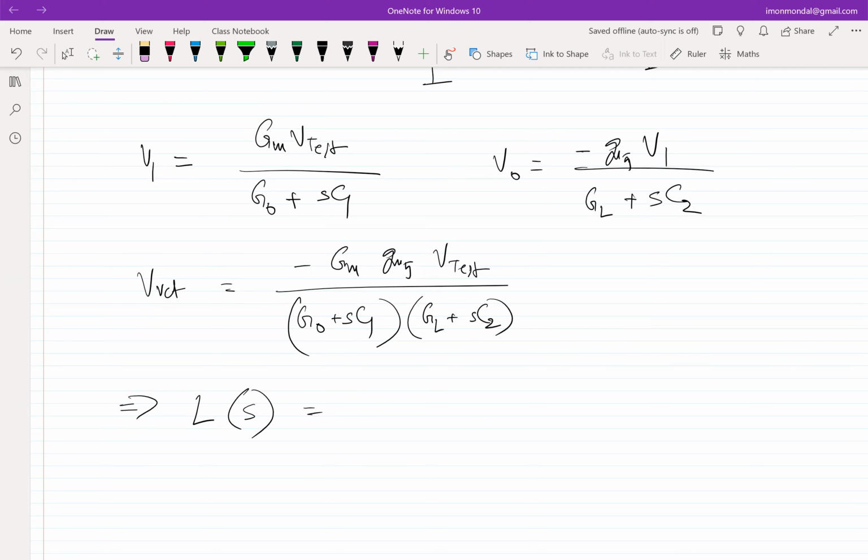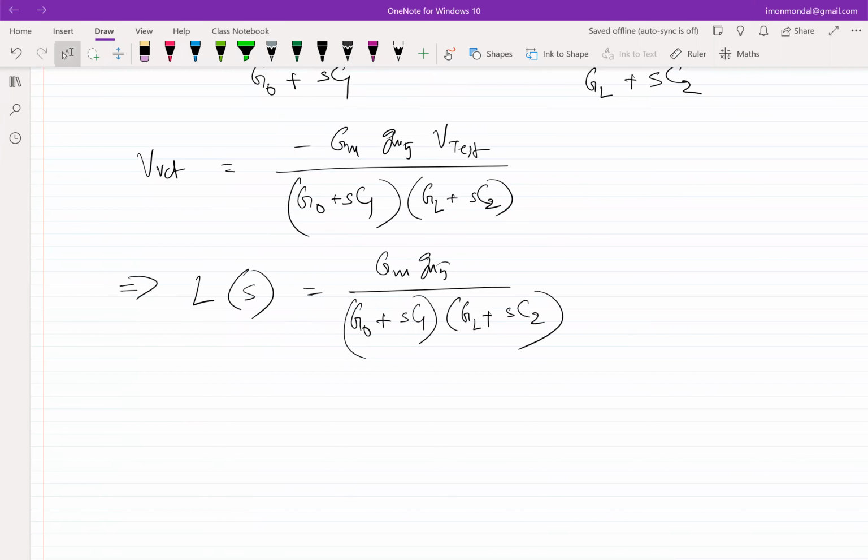The most popular way of writing this is isolating the DC gain and having the rest of the stuff together. So basically you take G0 and GL from the denominator and club them on the top.